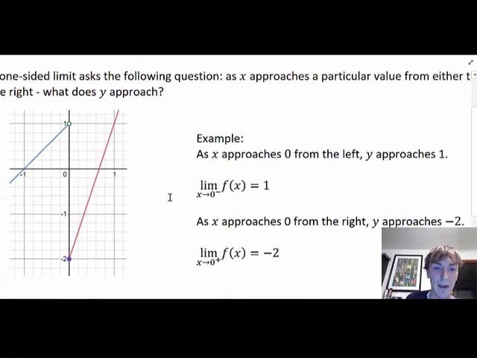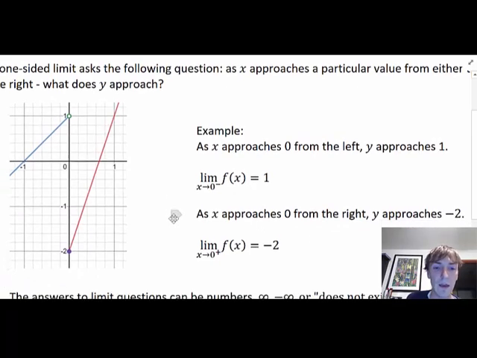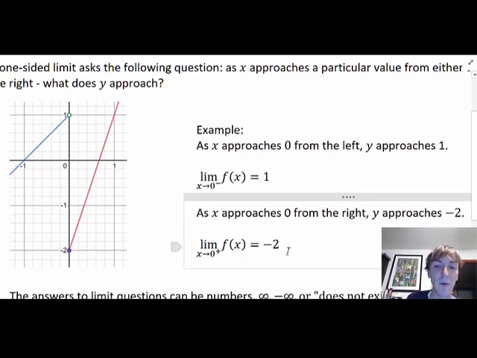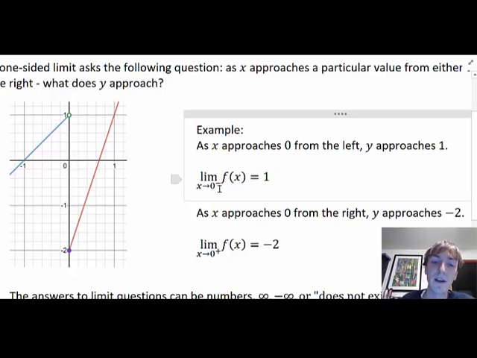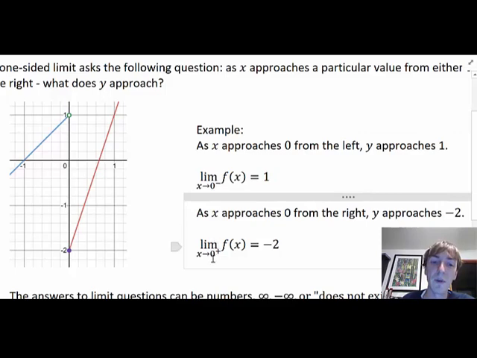Okay, I'm going to scroll back up. So here, in the second case, now I'm approaching 0 from the right. And in my notation, that's what this plus means. Super important that we be able to remember that the minus that appears here means from the left, and the plus here means from the right.